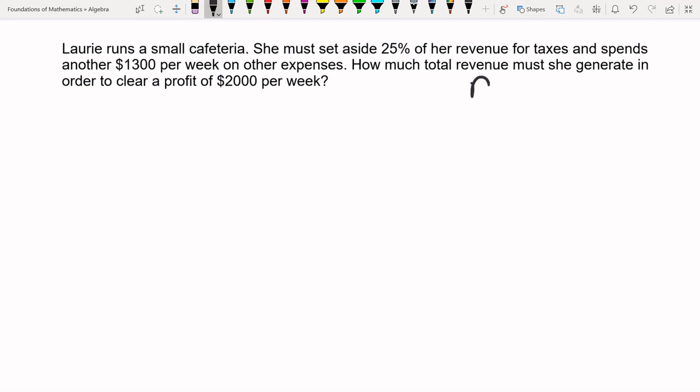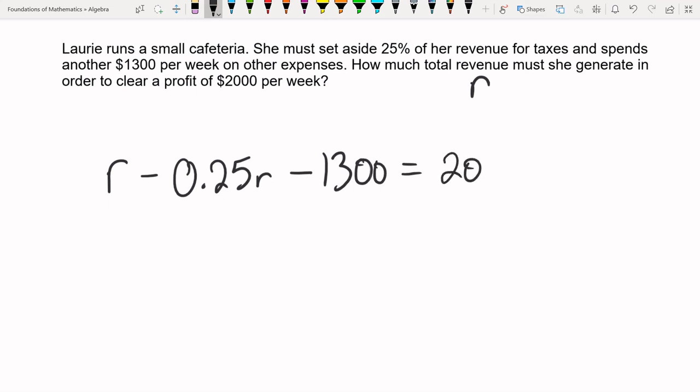So if we have a total revenue and then we take off 25% of that, that's the same thing as saying 0.25 times R. And we take off the $1,300 for expenses like food costs and utilities and things like that. Then what we want to have remaining to be at least $2,000. I hope that is clear of how I set that up. Really, we're just taking a dollar amount in and putting dollar amounts out, so that it balances out to be $2,000 total.